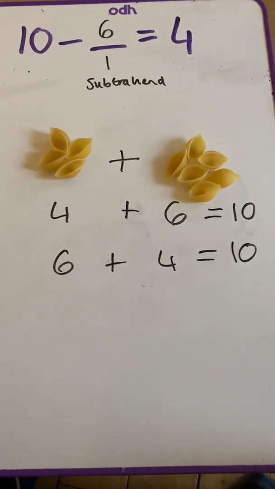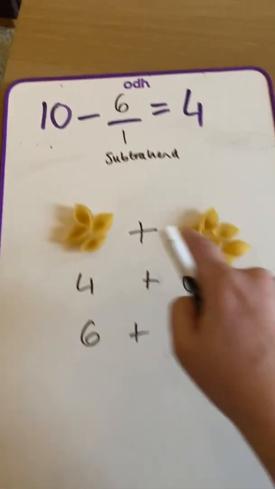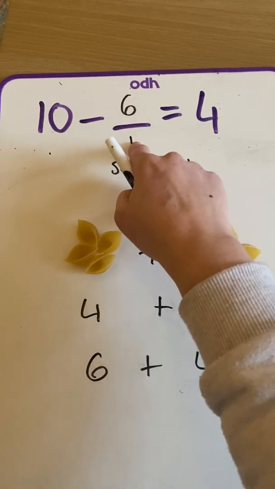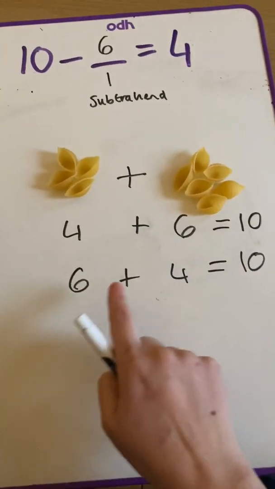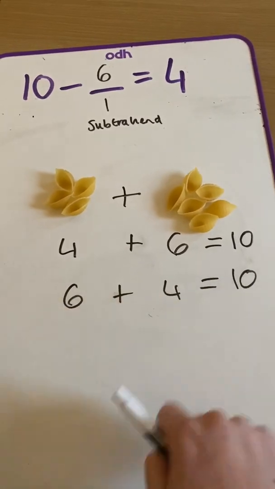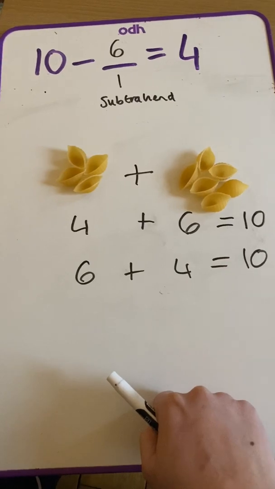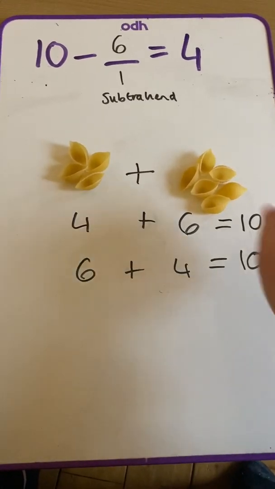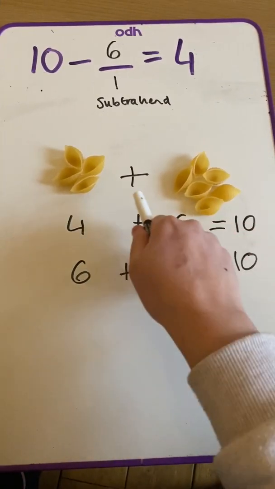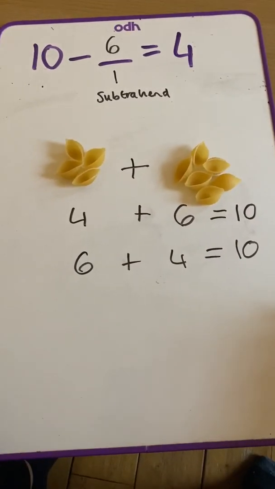So I can see here that all these numbers are the same as the numbers in this equation. 10 take away 6 equals 4. 6 add 4 equals 10. That's because all these numbers are part of a fact family. So to begin with, I have used 10 counters and I've taken 6 away to leave me with 4. That's one way to work out my answer.